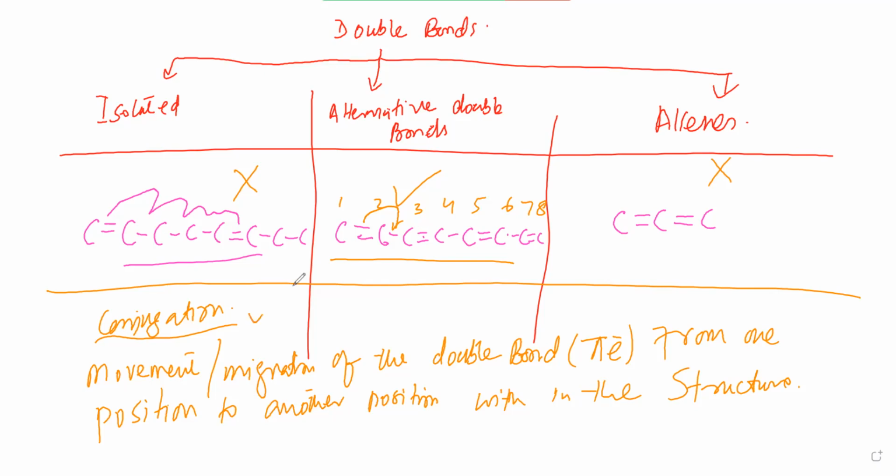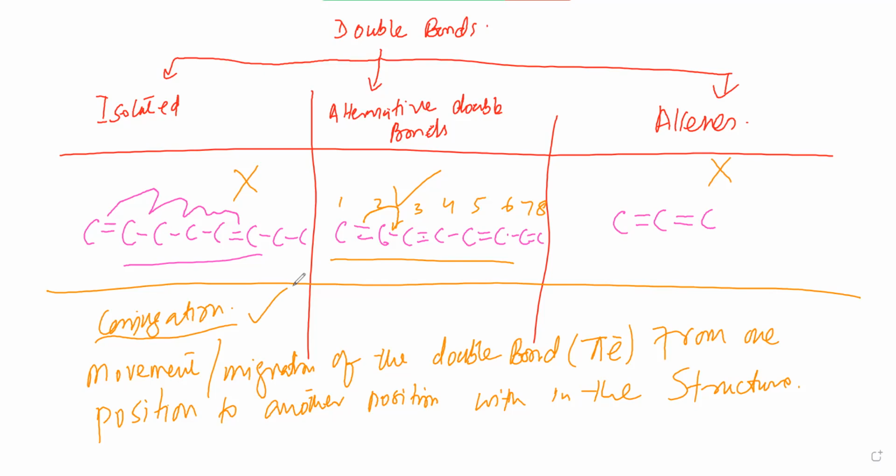Conjugation. Yes, sir. Now, the thing is how this conjugation is taking place. What is the main criteria? What is the main principle that allows this migration? Is it possible in every pi bond's electrons or double bonds that they can migrate?